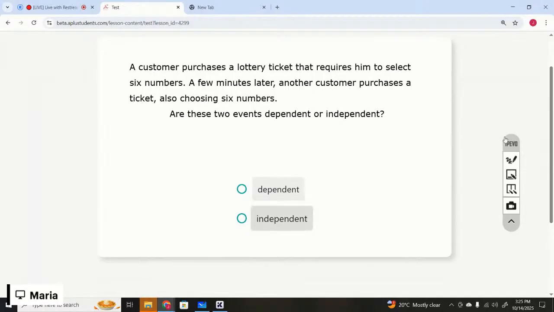These two events are independent events. Option number two is the correct option.